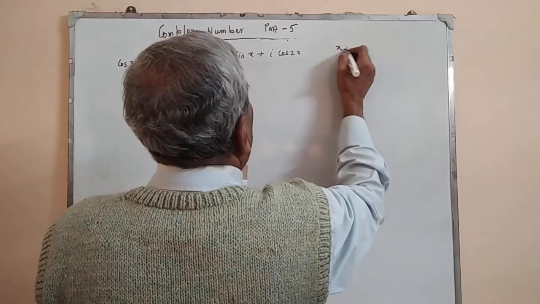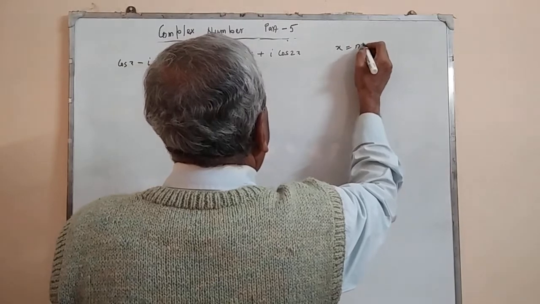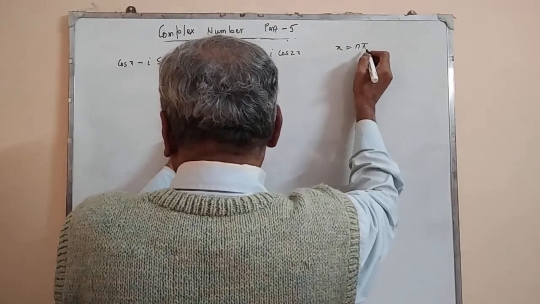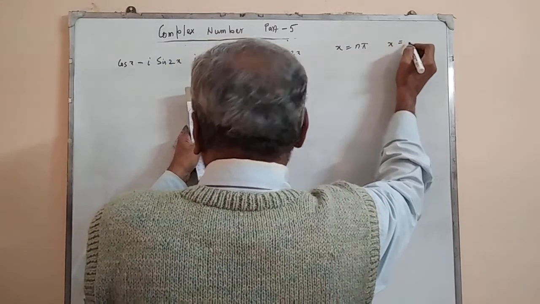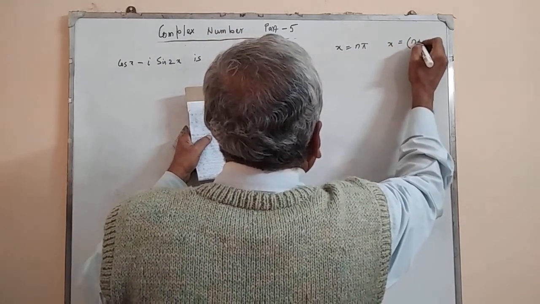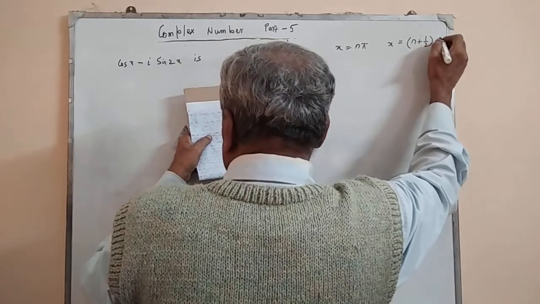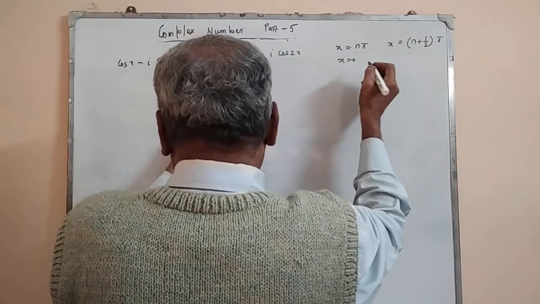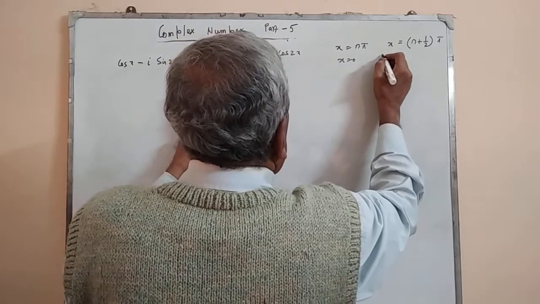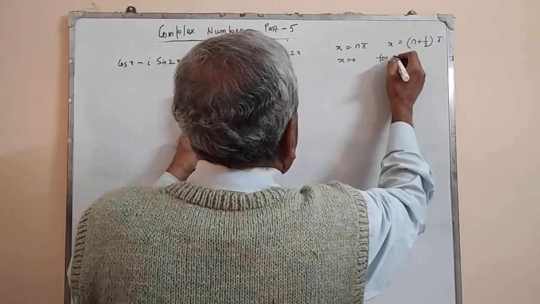Number 1, x is equal to n pi. Number 2, x is equal to n plus half pi. x is equal to 0, and for no value of x.